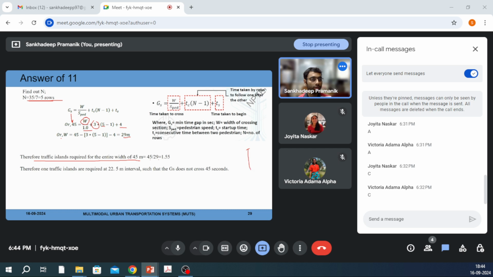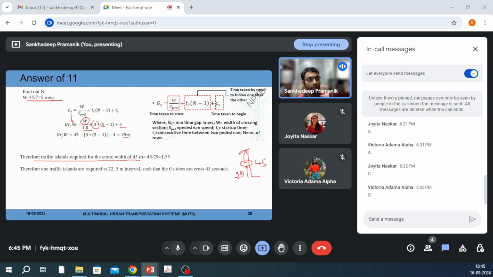So the total distance is 45, and at a go they can maximum go up to 29 meter. So after 29 meter they maybe have to stay somewhere, stay in a refugee island, then again they can proceed.